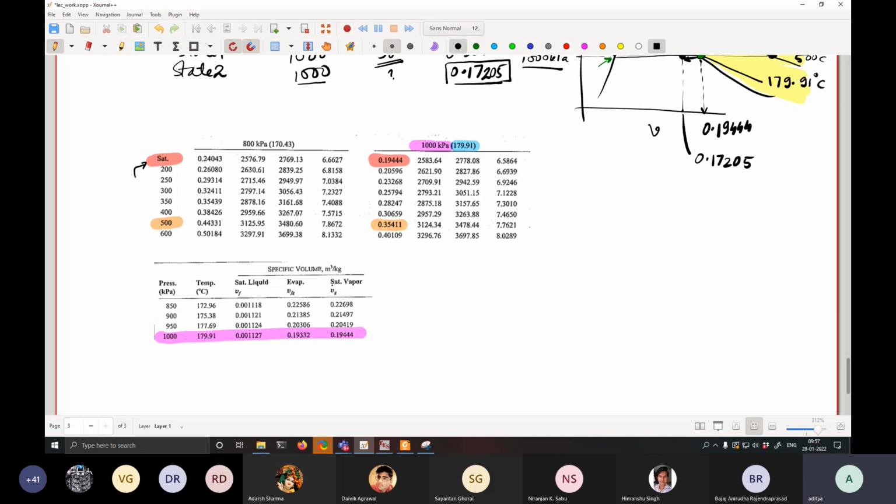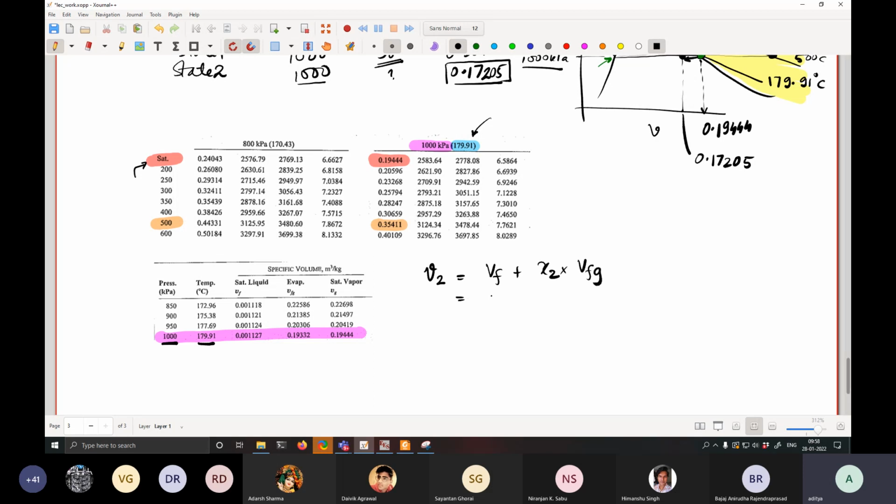We know that at 1000 kPa, the saturation temperature is 179.91, and we knew this from before as well. And so Vf, so we will say that V2 is equal to Vf plus X2 into Vfg.